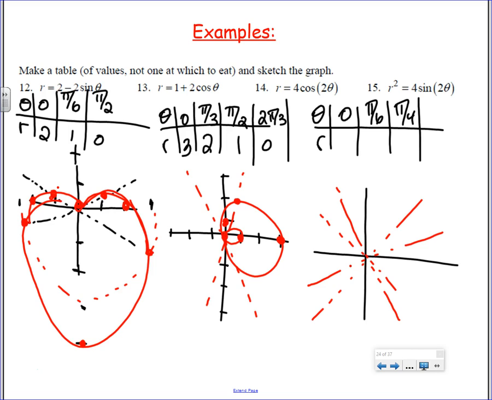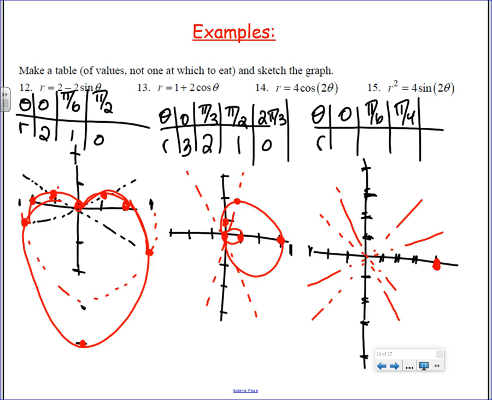So when I plug in 0, what's going on? Cosine of 0 is 1. Okay. So it's going to go all the way up to 4, right?